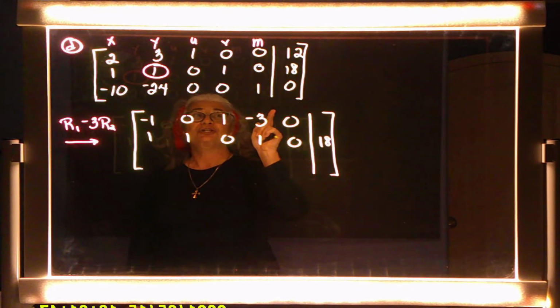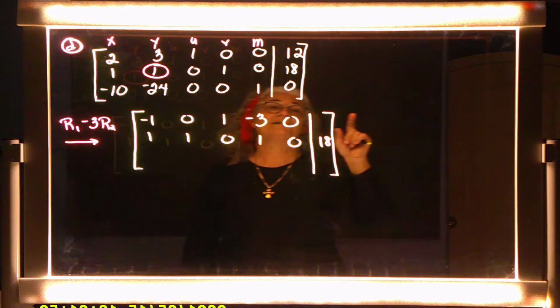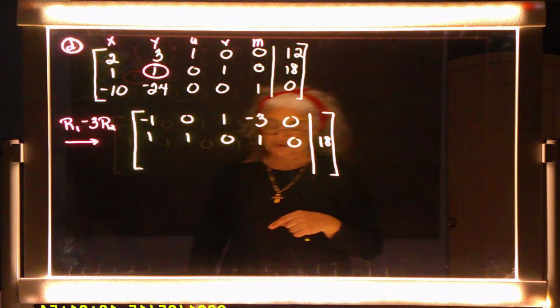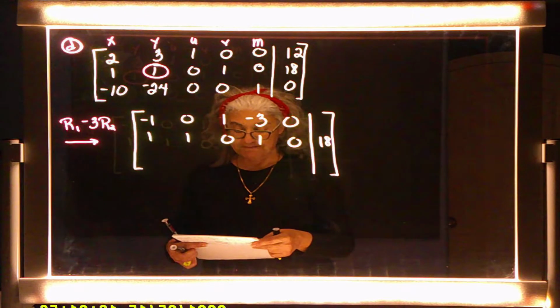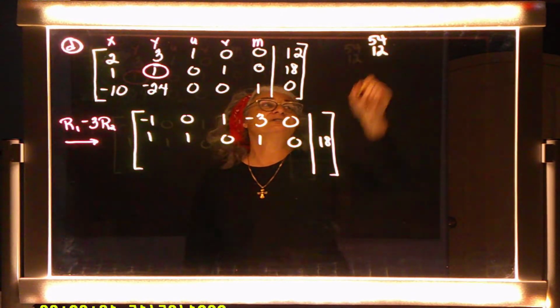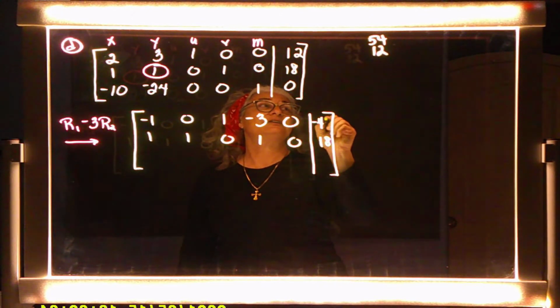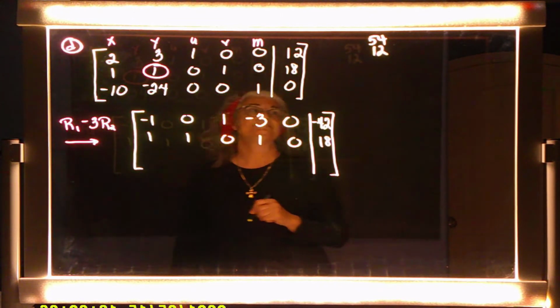And then 12 minus 54. Yeah. What did I get? 12 minus 54. Sometimes I just got to put my work up top there. I got a negative 42.